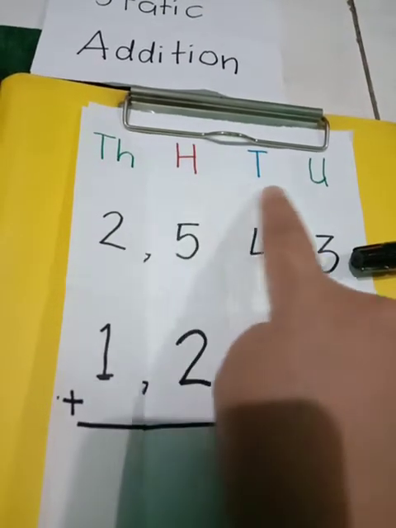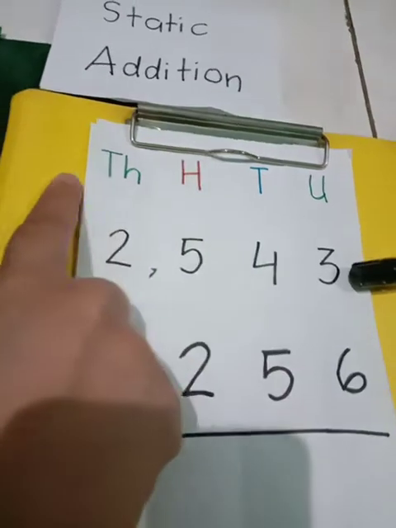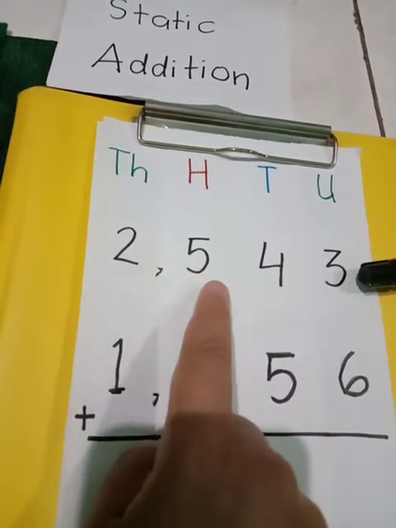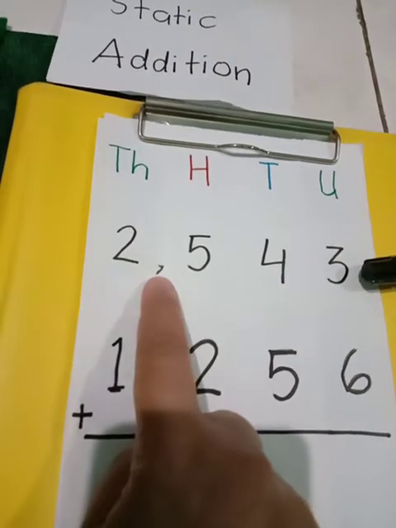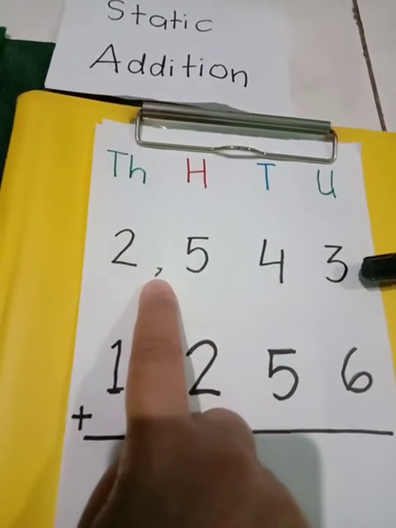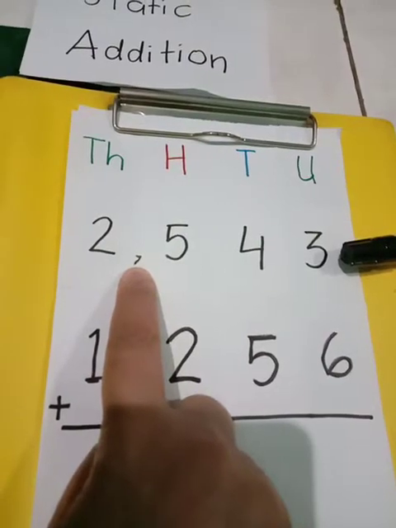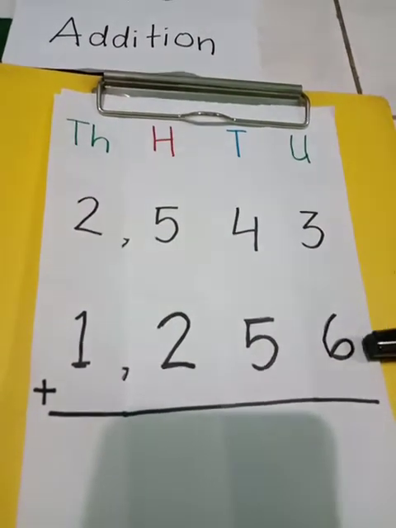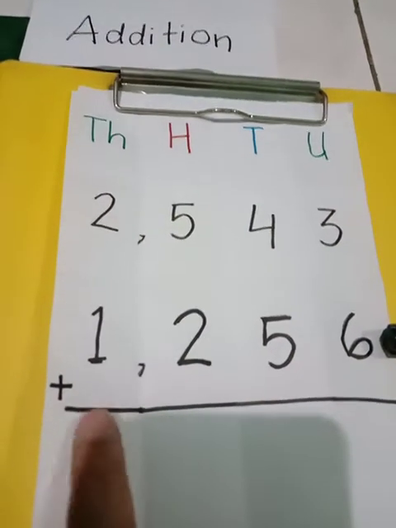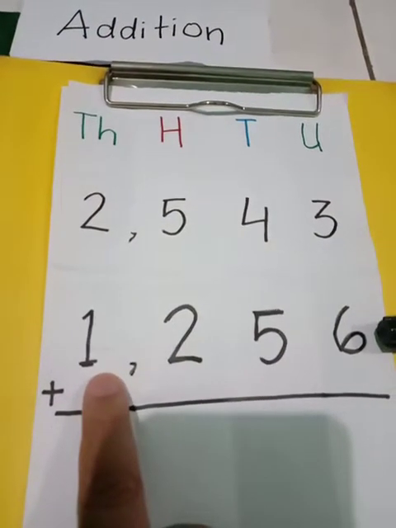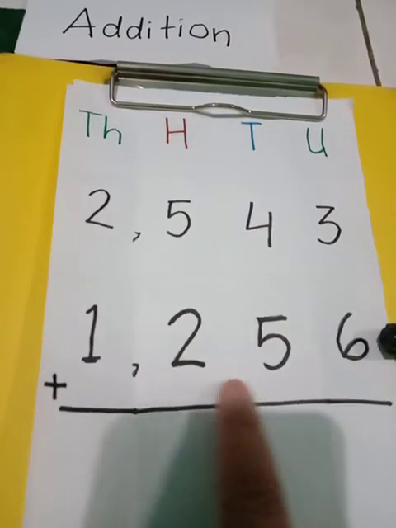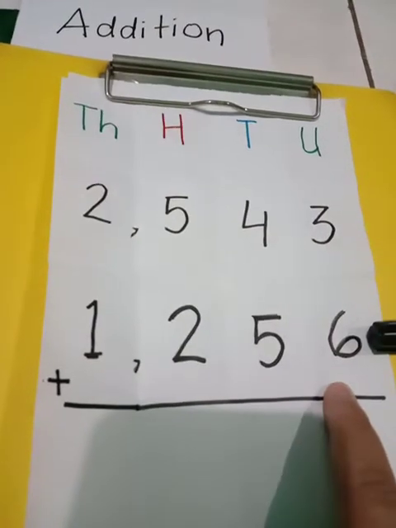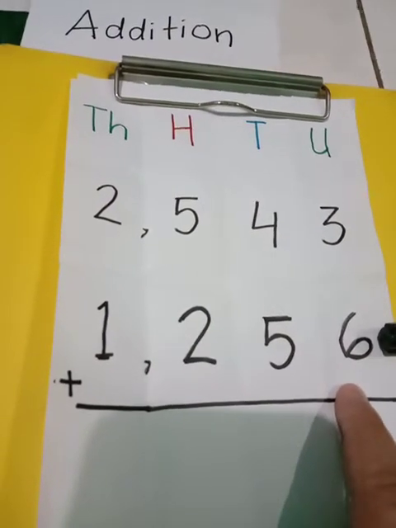Those are the simple family, and this starts the new family. So to separate the 1000 family from the simple family, we put a comma between the two families. Okay? And then next, the second addend, what number is it? It's 1,256.